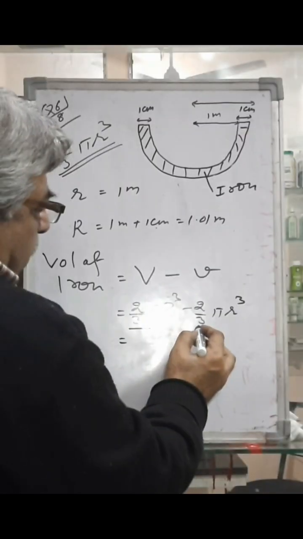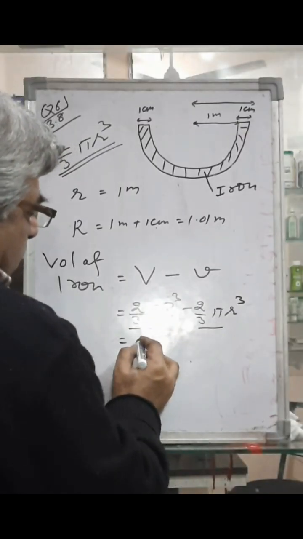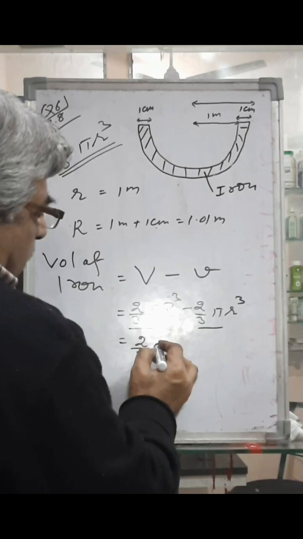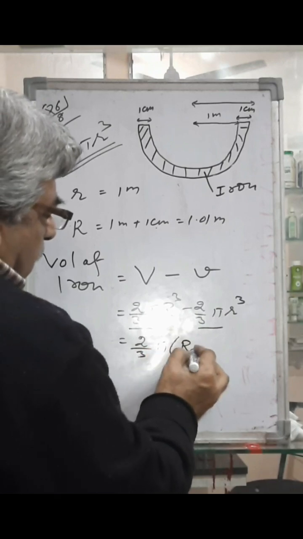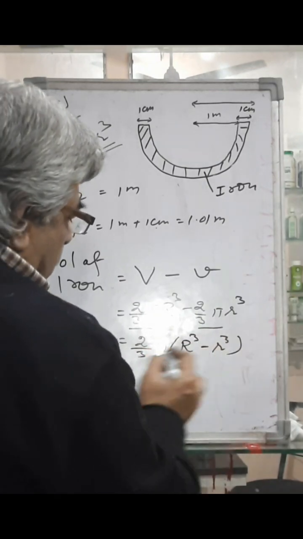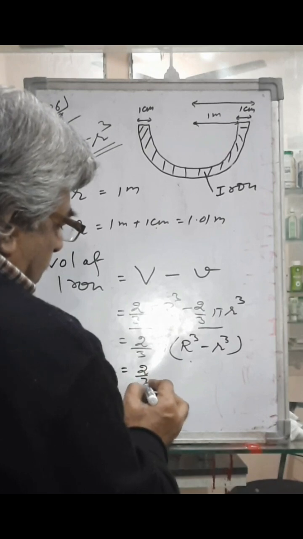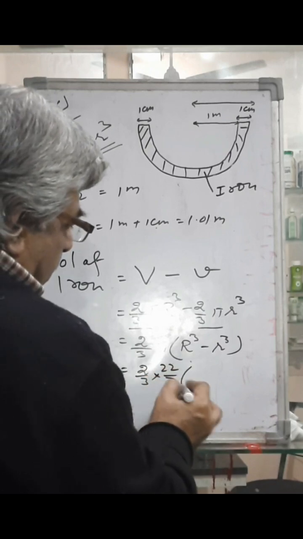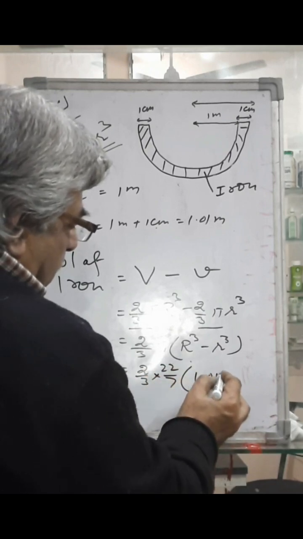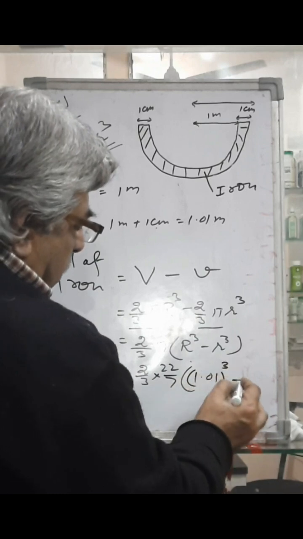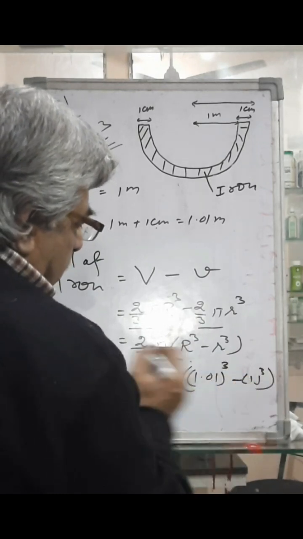2 by 3 pi is common. So, R cube minus small r cube. 2 by 3, 22 by 7, 1.01 cube minus 1 cube.